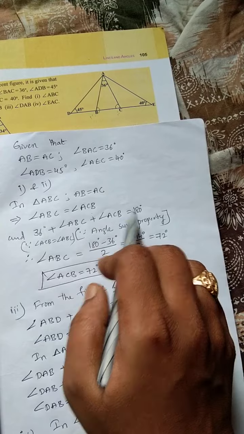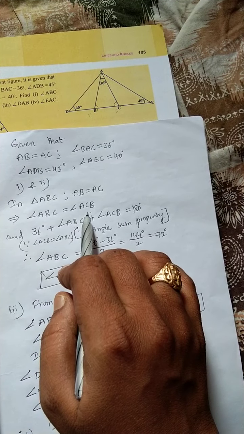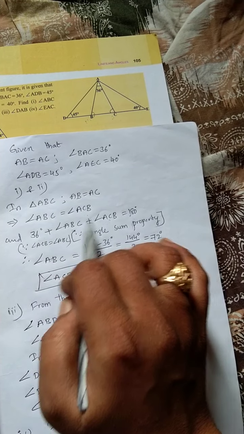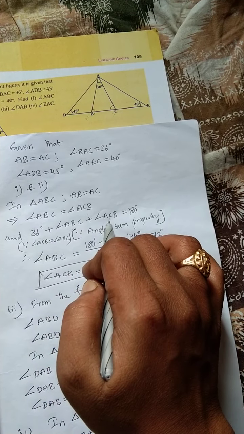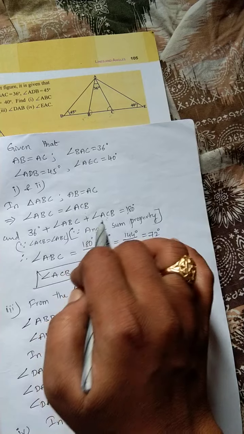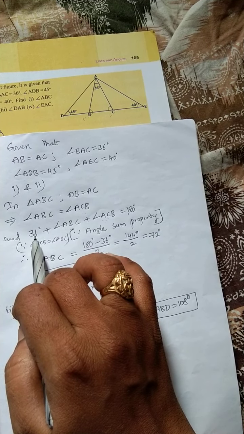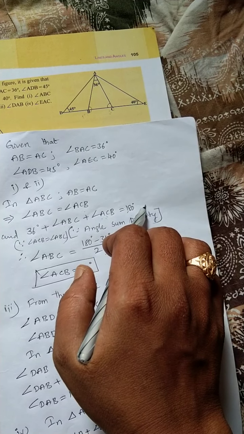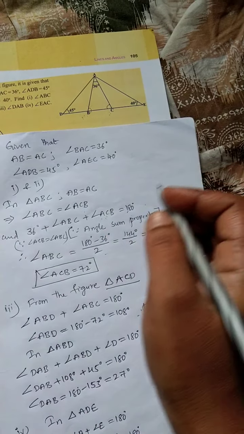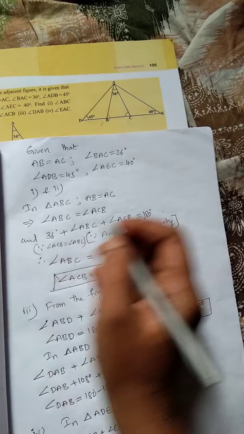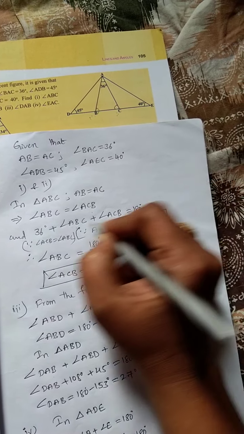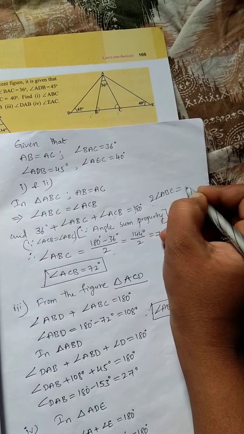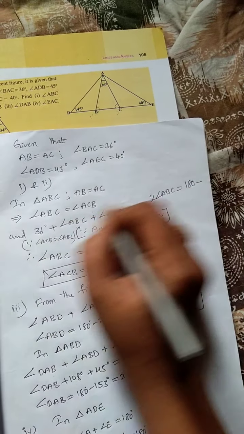Here we already know that ABC is equal to ACB, so instead of ACB we can substitute angle ABC. So angle ABC plus angle ABC, 2 into angle ABC, plus 36 degrees. Take 36 degrees to the other side: 2 into angle ABC is equal to 180 minus 36 degrees.